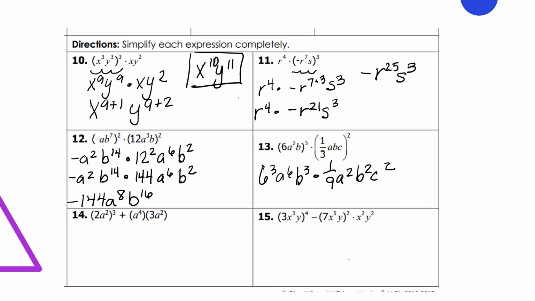So 6 cubed is 216 times 1/9, a squared, b squared, c squared. So 1/9 of 216 is 24, a to the 8th, b to the 5th, c squared.